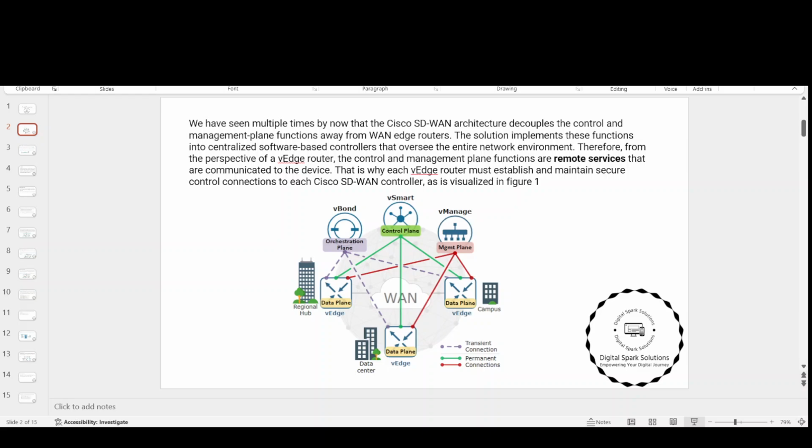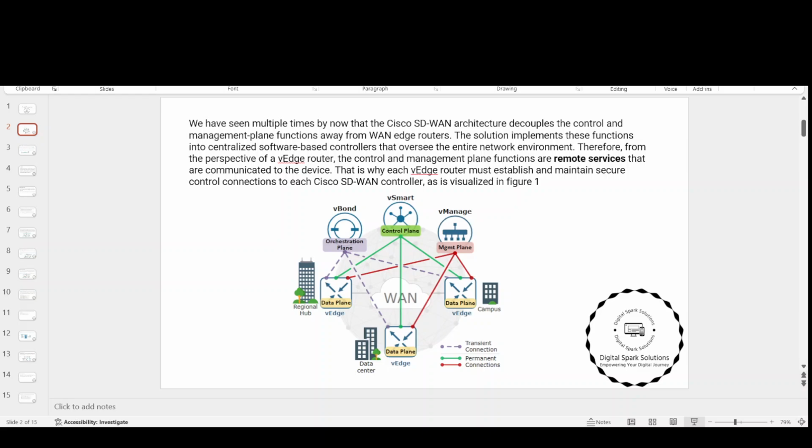That is why each vEdge router must establish and maintain secure control connections to each Cisco SD-WAN controller. The SD-WAN controllers are software entities that run as virtual machines or containers, hosted either on-prem or in a public cloud provider. Each controller plays a different role in the solution and interacts with the vEdge routers through various protocols.